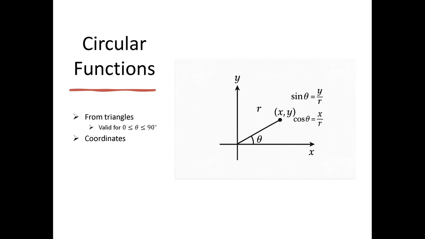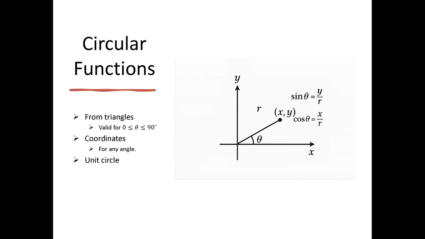For instance, the sine of theta is equal to the ratio of the y coordinate to the distance r. The advantage here is that we can apply this to any angle. Now, it's going to be much easier if we let r be 1, and that will give us the unit circle. The unit circle is going to be useful in studying the behavior of our functions.